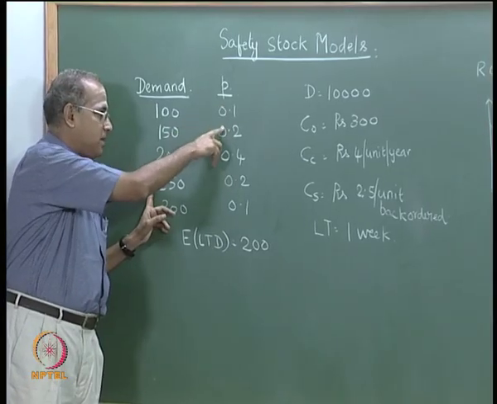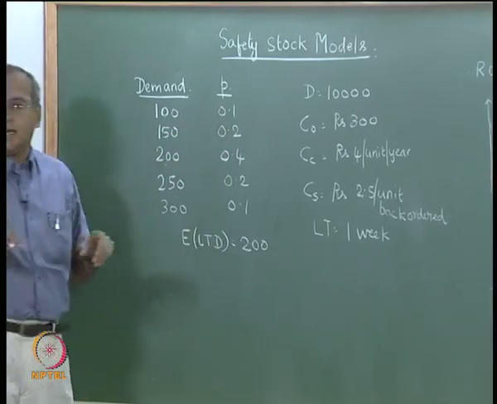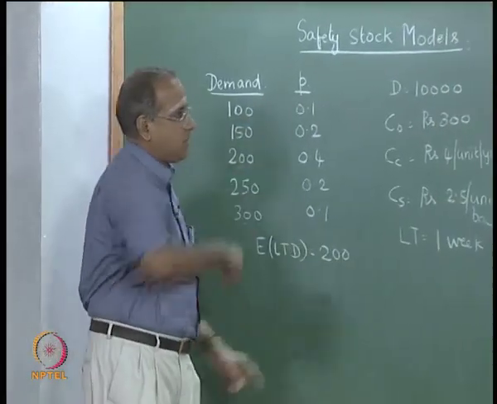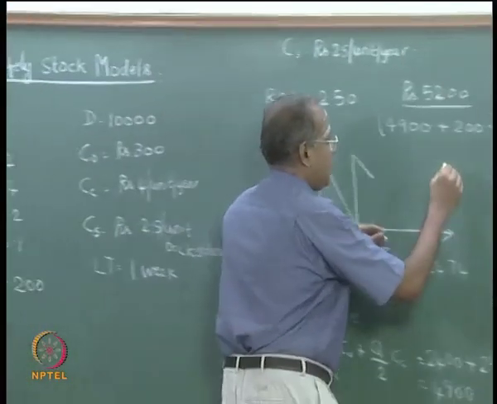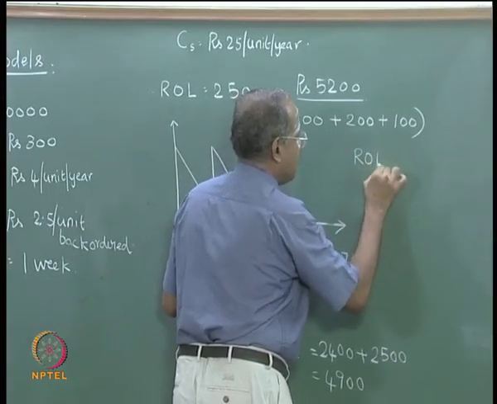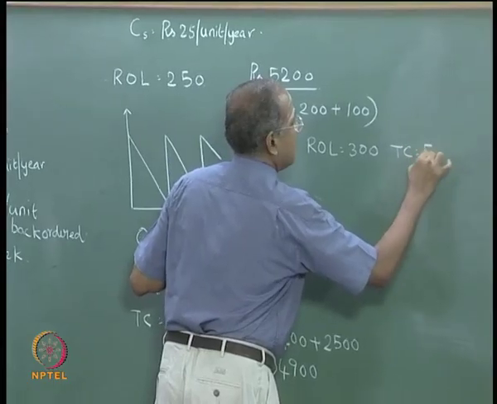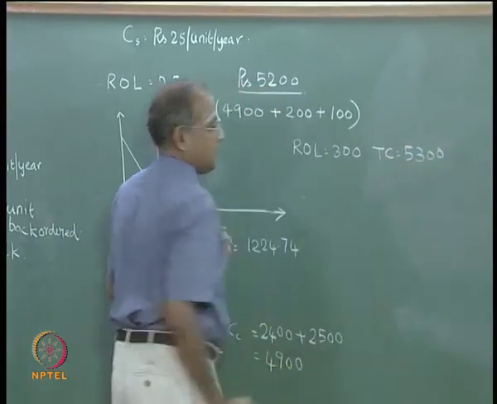So 0.1 plus 0.2, 0.3, 0.7 at 90% service level. We also in those computations found out that if ROL was 300, the total cost was 5300.